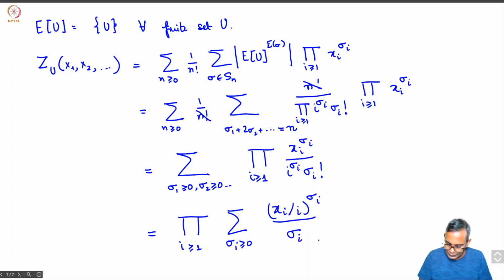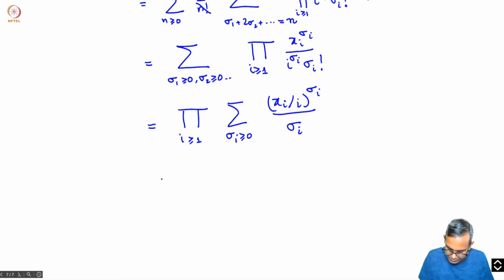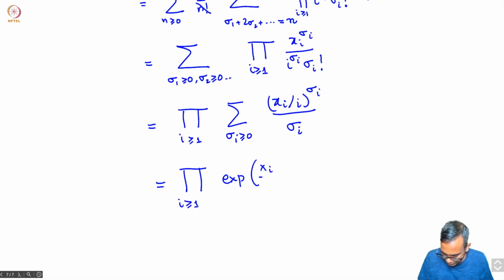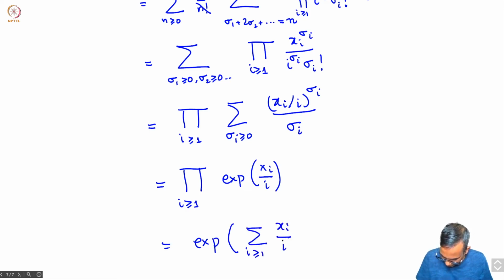Now you will recognize this inner sum as just the exponential of xi by i, which is nothing but the exponential of the sum i greater than or equal to 1 of xi by i.